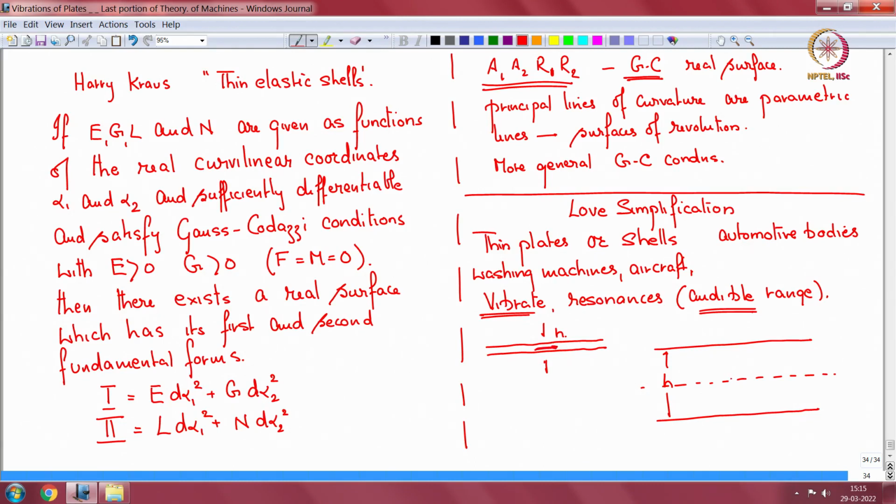You can always represent it as a movement or displacement of the middle surface u and a linear slope, z times beta. Beta is the rotation of the section. We will see a little more of that. Beta is the rotation of the section, z is the z axis or the alpha 3 axis.